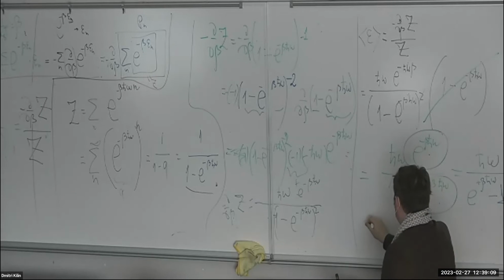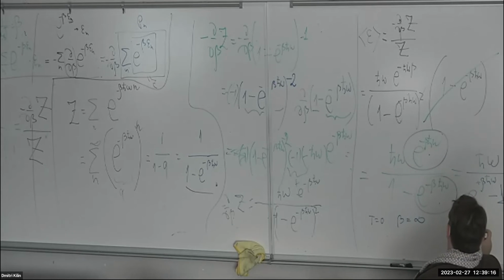So if temperature equals 0, beta equals infinity, we will have h bar omega divided by infinity, right? Infinity minus 1 will be still infinity.